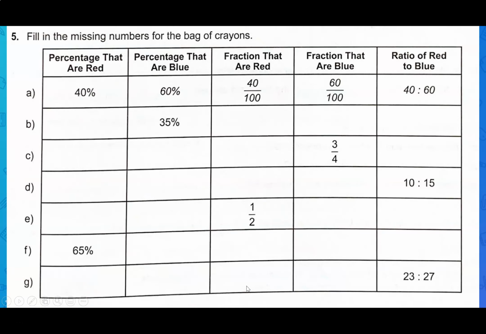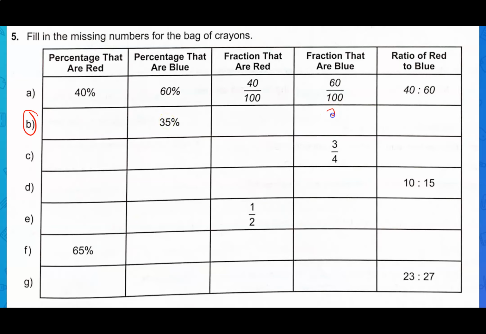Question 5 says, fill in the missing numbers for the bag of crayons. This one includes percentages, fractions, and ratios. Let's start with part B again. So again, we're still dealing with only red and blue crayons. In part B, the piece of information we are given is 35% are blue.